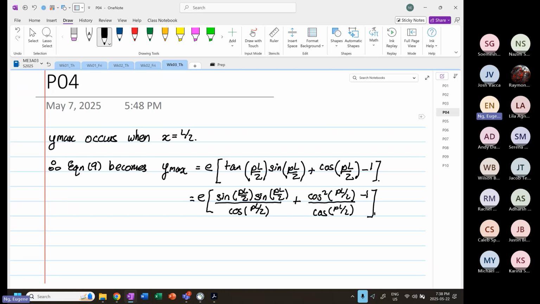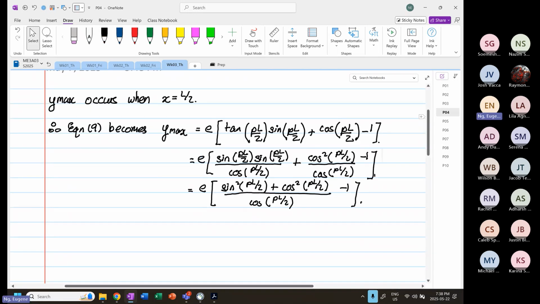So in this context, what we have will be equal to e, sine squared small pL over 2. My L and my 2 almost look the same. Plus cos squared pL over 2 divided by cos small p big L over 2, and then the whole thing will be equal to minus 1. So this happened to simplify things a lot for us.